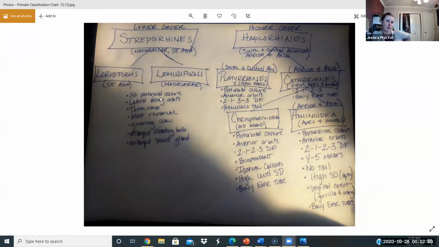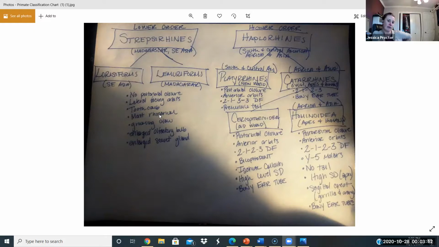And then here, I wrote out the features that will help you identify a Strepsirrhine. So things like no post-orbital closure. Remember, the Strepsirrhines have a post-orbital bar, but they do not have full closure. Their orbits or eye sockets are slightly lateral facing. They have that dental feature, the lower incisors that jut straight forward, called the tooth comb.